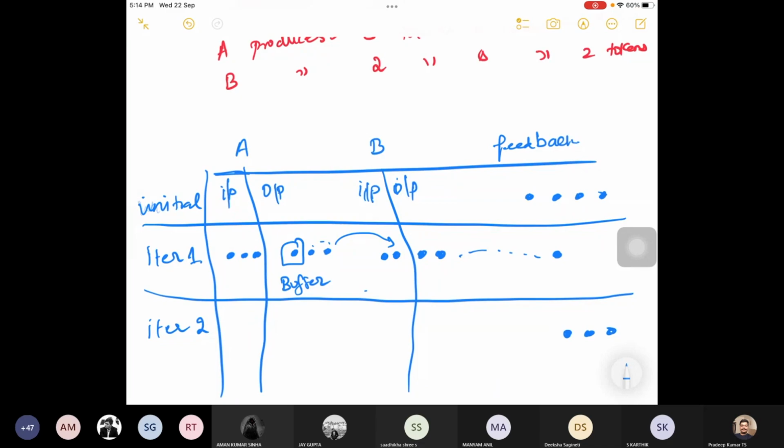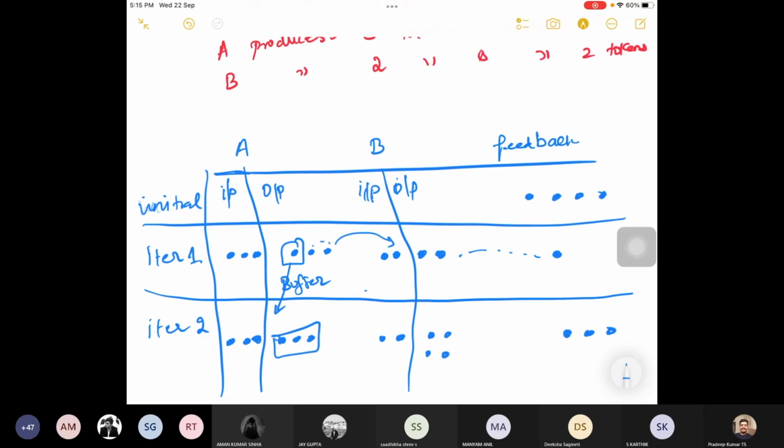Now this 3 comes here in iteration number 2, and the output also will be these 3. Then for B the input will be 2 and the output also 2, and we have 4 at the input because there is already one in the buffer plus these 3.